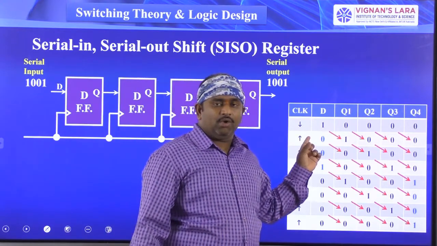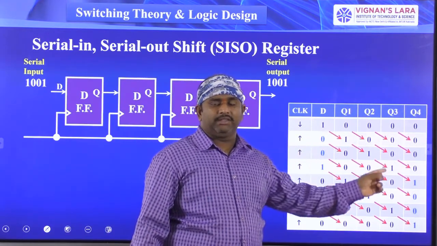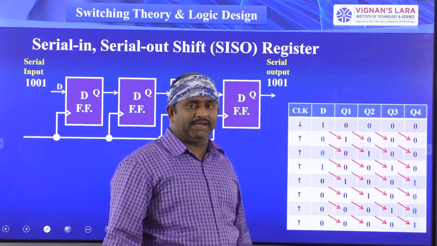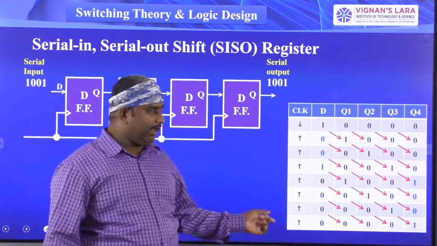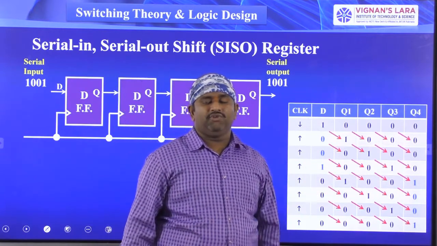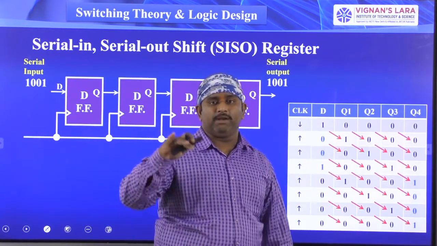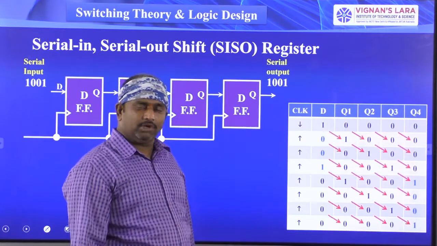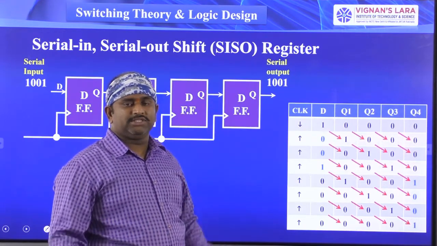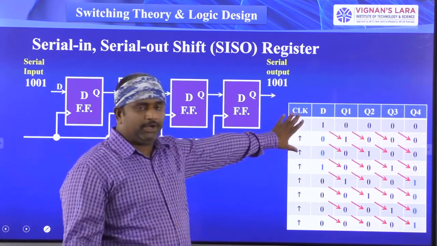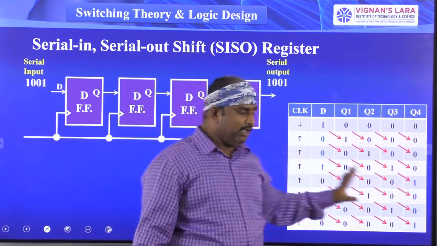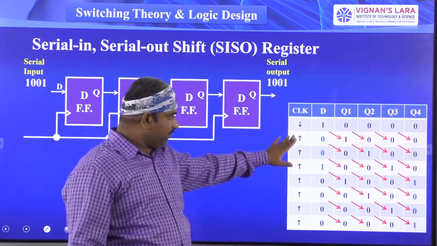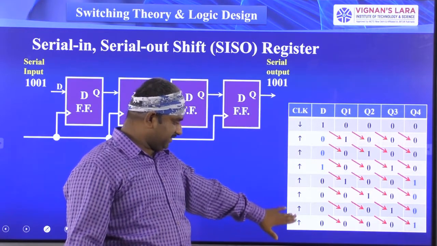So serial in: one flip-flop input we are giving, and the same flip-flop output we are taking by using the clock signal. Whenever the clock signals you have given, at that time you will get the D flip-flop outputs, whatever is available at the input side. This is about serial input, serial output. So the input data 1001 we have collected at the output place with the help of 7 clock signals: 1, 2, 3, 4, 5, 6, 7.